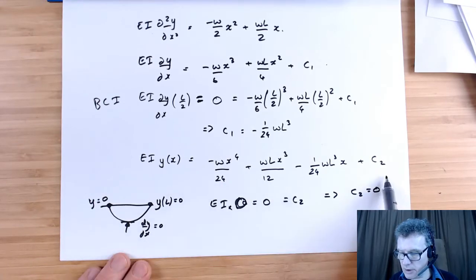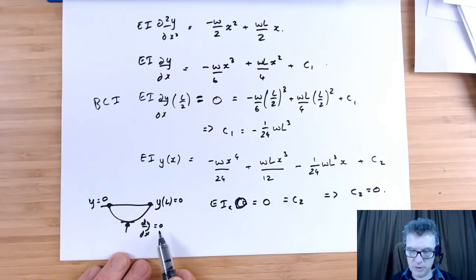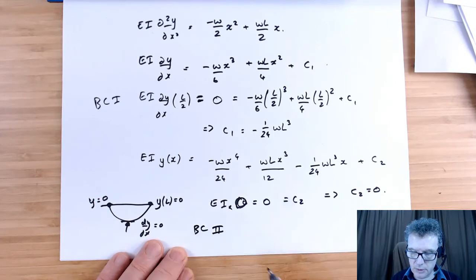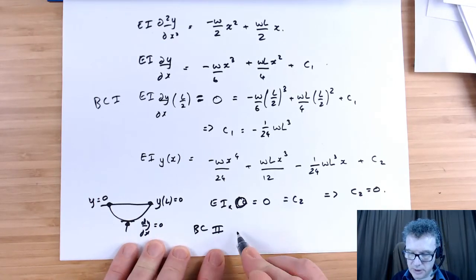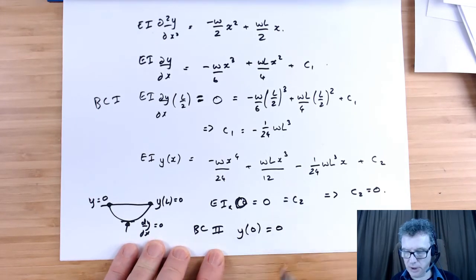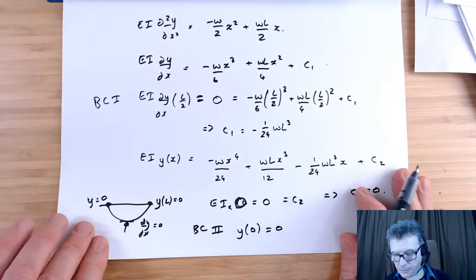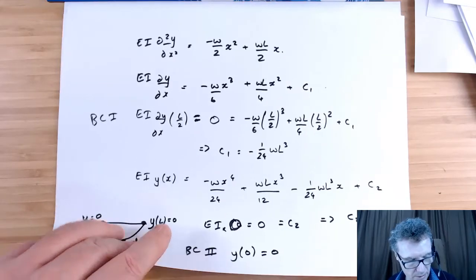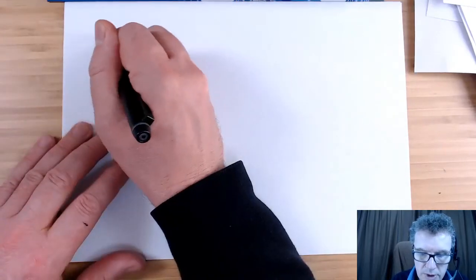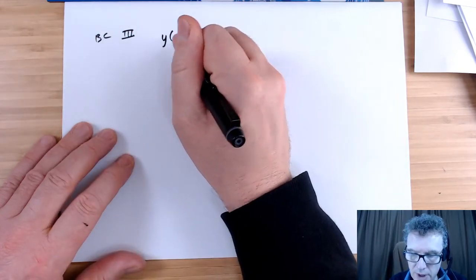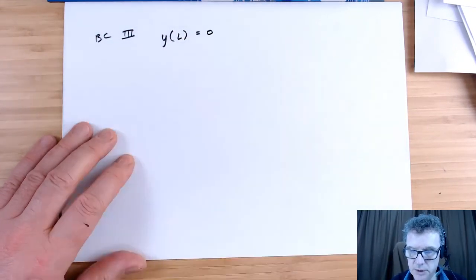So we've got our equation here. I should tell the reader what I was doing there. Boundary condition 2 is when x equals 0, y equals 0. And then we'll do boundary condition 3 as a check. Boundary condition 3 is when x equals L, y equals 0.